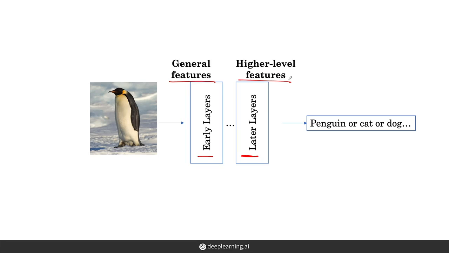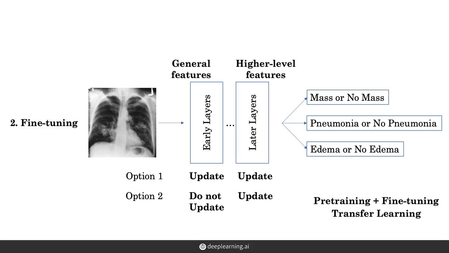So for instance, the early layer might learn about the edges of an object, and this might be useful for chest x-ray interpretation later, but the later layers might learn how to identify the head of a penguin and may not be useful for chest x-ray interpretation. So when we fine-tune the network on chest x-rays, instead of fine-tuning all features we've transferred, we can freeze the features learned by the shallow layers and just fine-tune the deeper layers.